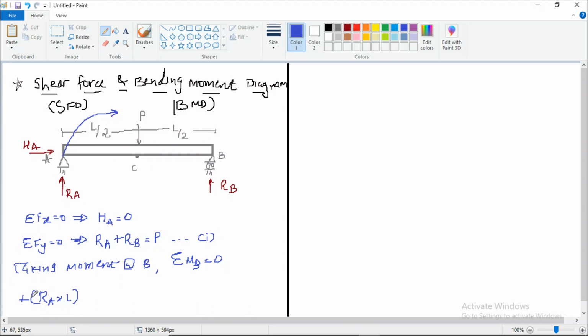Then we have P, which will be moving the point B in the anti-clockwise direction, so minus P into the perpendicular distance up to point B, which is L by 2, is equal to 0. If you solve this, we will get our reaction at point A, that is RA is equal to P by 2.